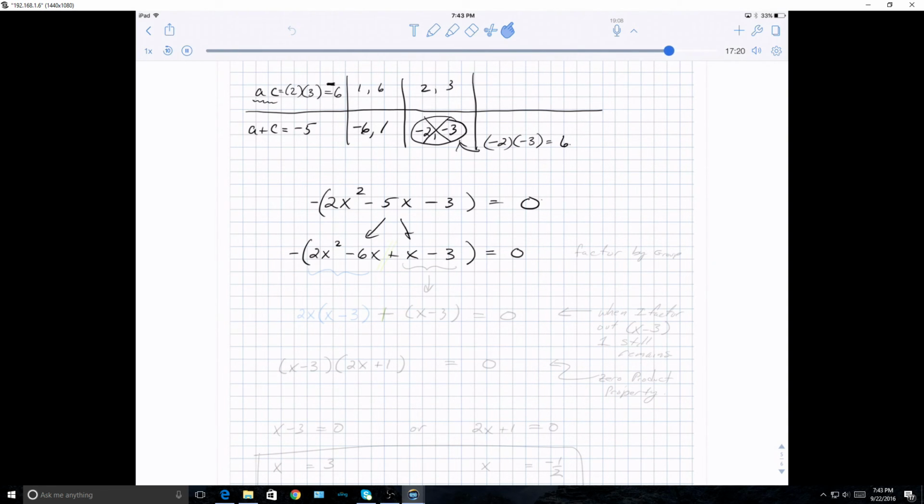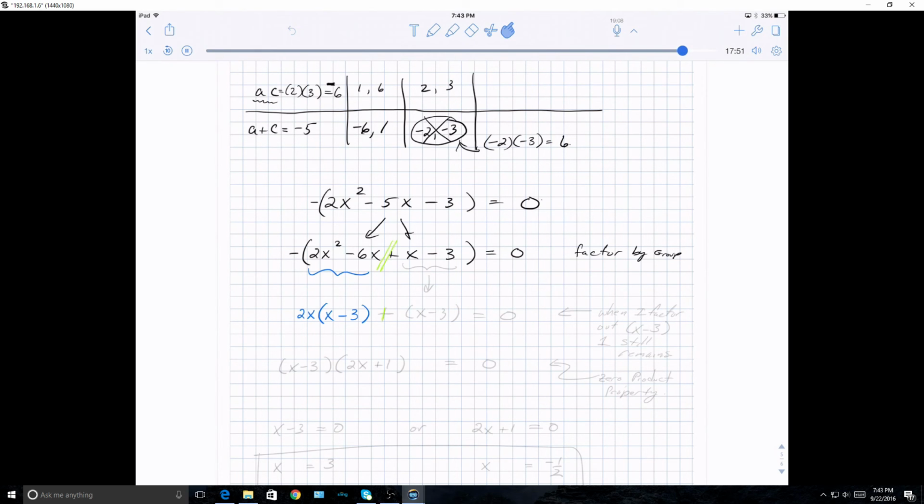Now what we're hoping is that we can factor by grouping. Okay? So if we cut this right down the middle here, and we realize that over on the left-hand side of that cut, we can factor out a 2x, then that leaves us with x minus 3.